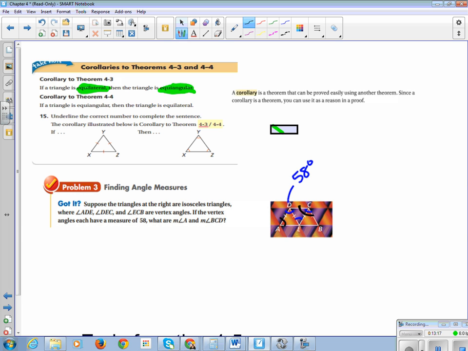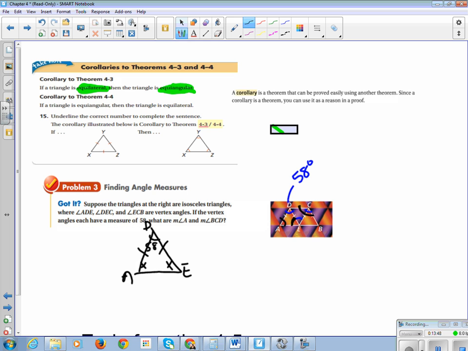Awesome. Bless you. All right, so let's find the measure of angle A first. So if we take just the triangle, this is ADE. We know we have angle X there, and we know it's isosceles because it's got two congruent marks. Boop, boop. So I know that my base angles are congruent.